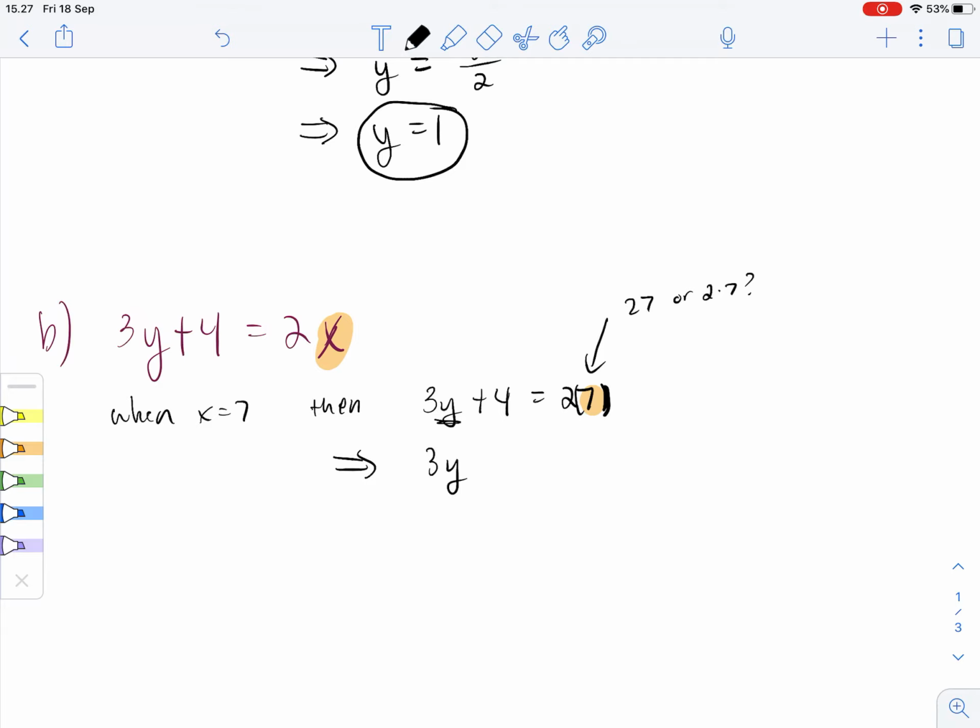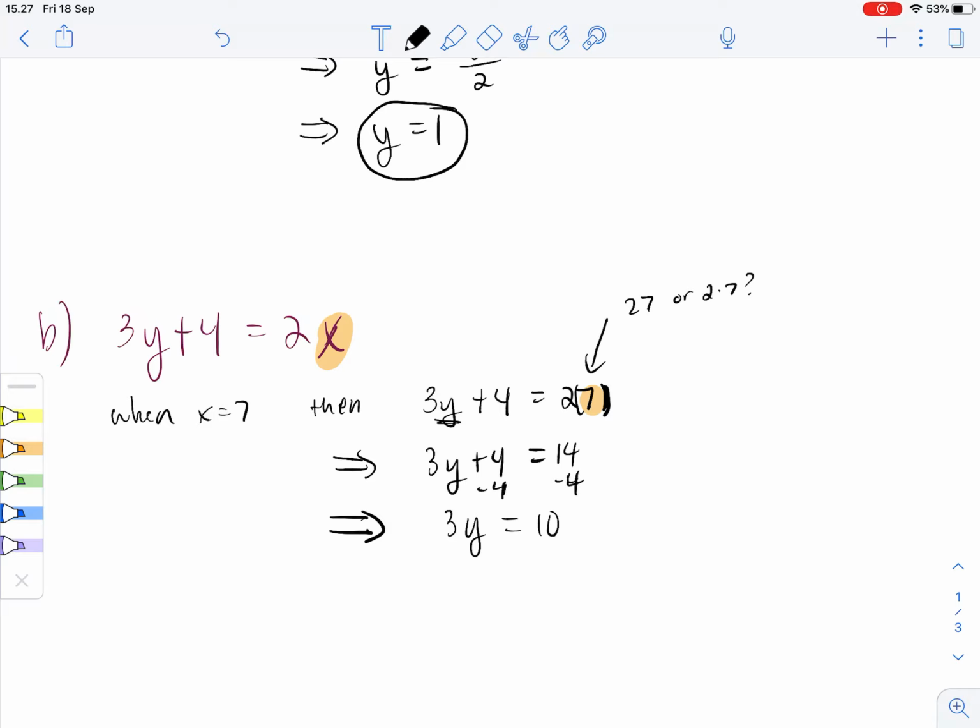So then 3y plus 4 equals, now what's 2 times 7? It's 14. Therefore, 3y, now what I'm going to do here is subtract 4 from both sides, and I get 3y is equal to 10. I can do that because doing the same thing to both sides doesn't change the balance of the equation.